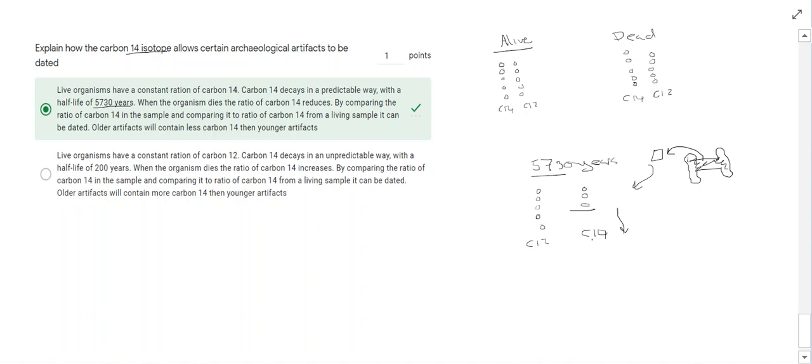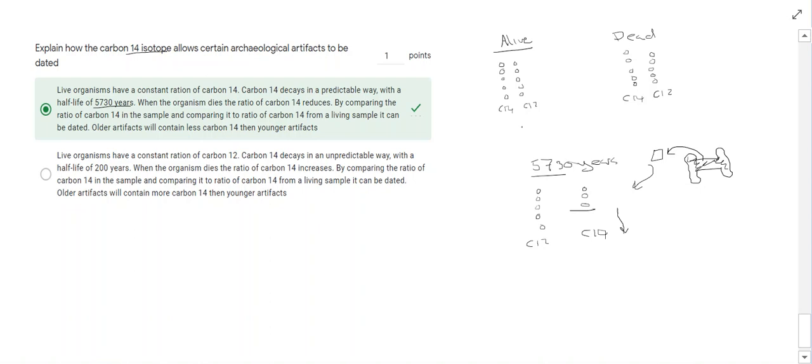As time passes, the amount of carbon 14 in an object that contains carbon reduces, because it's radioactive, its nuclei is unstable, and it just spontaneously breaks down.